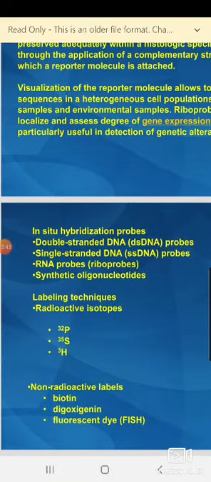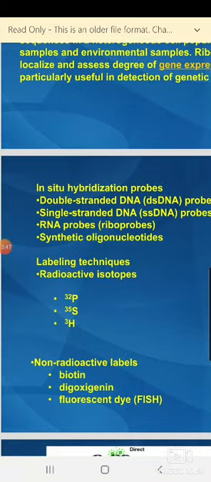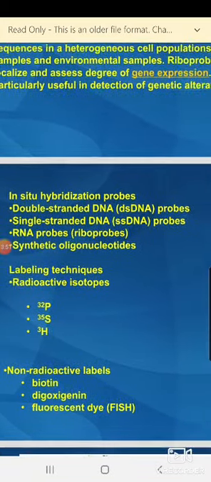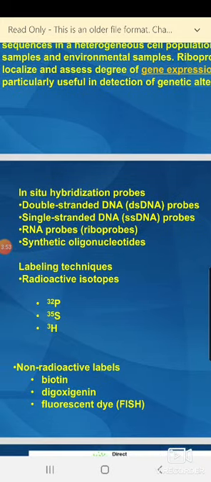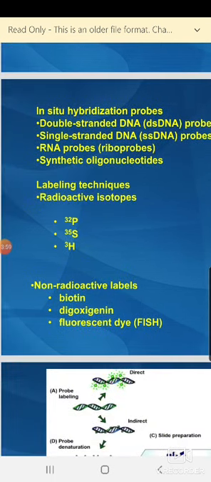Now, how is this hybridization happening? What are the probes we can use? In situ hybridization probes could be double-stranded DNA probes, single-stranded DNA probes, RNA probes, and synthetic oligonucleotides can also be used. What are the labeling techniques? Radioactive isotopes, P32 you can use, S35 also, tritiated hydrogen also.